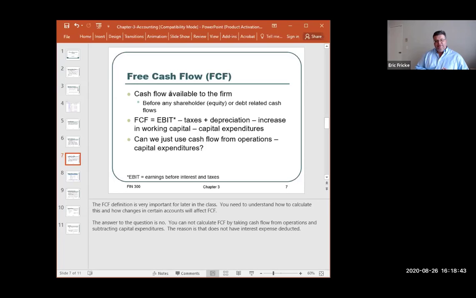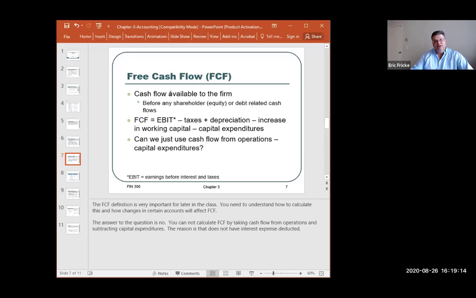Because in finance, we like to calculate the cash flows and the value of a business before we do anything with finances. The finances are seen as a separate decision that we take care of when we're valuing a business, and we want to know how the business operates unto itself in terms of operating cash flows and investing cash flows. But we don't want to think about financing because we do that in a separate process in finance.